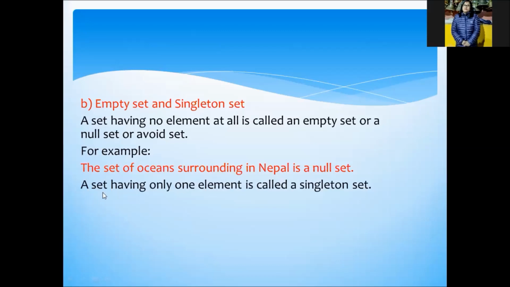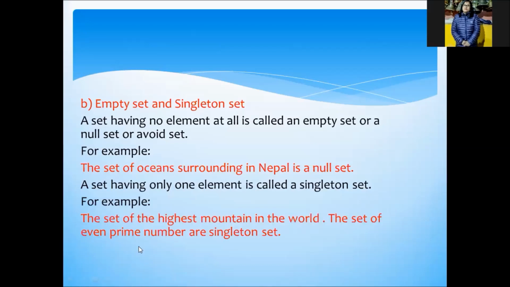A set having only one element is called a singleton set. For example, the set of the highest mountain in the world, or the set of even prime numbers, is a singleton set. Do you know what the answer is? Think about it, your work.